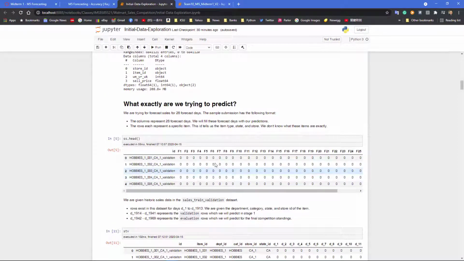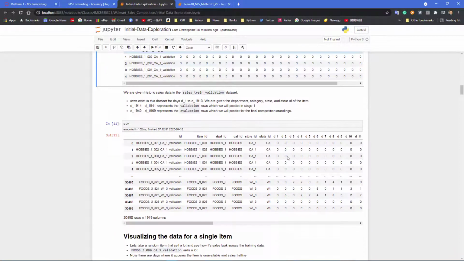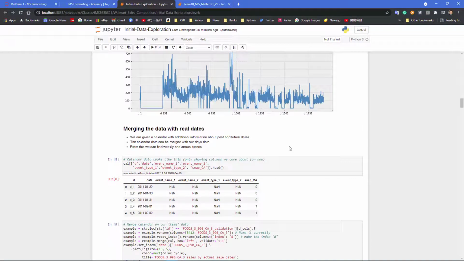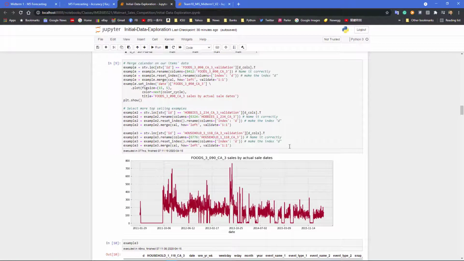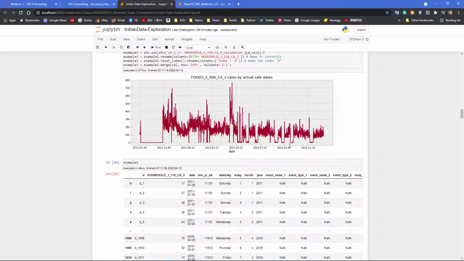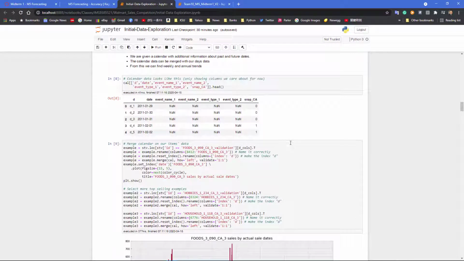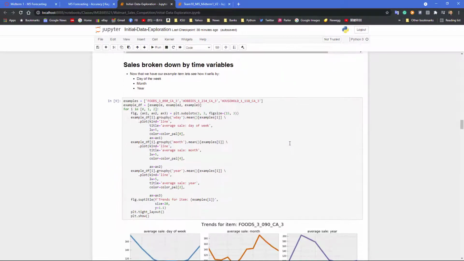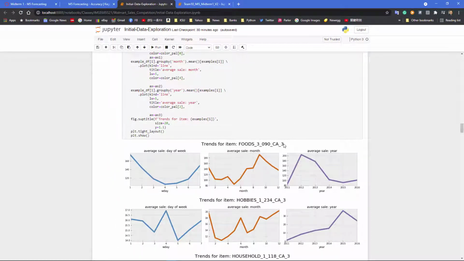So one of the things I want you to know is, you can go through this so-called exploratory data analysis, and I show you some of the graphs, how to look at the data in different ways, either by category of the product, or by store, or by location, or by time.